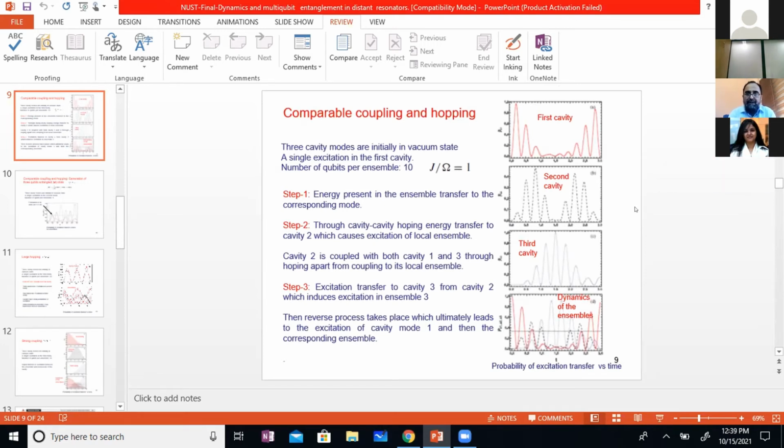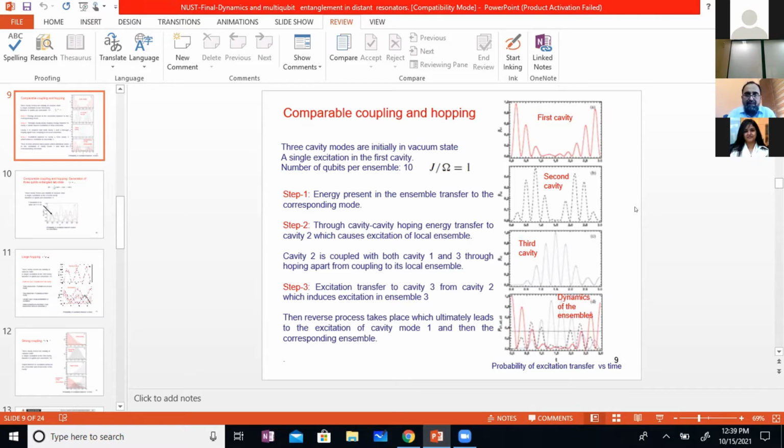And one more thing, the number of atoms in the ensemble over here is 10. We assume 10 atoms or qubits in the ensemble. So from the first cavity, it goes to the second cavity, and then it goes to the third cavity, right? So this will continue forever because we have not assumed any losses in the system.